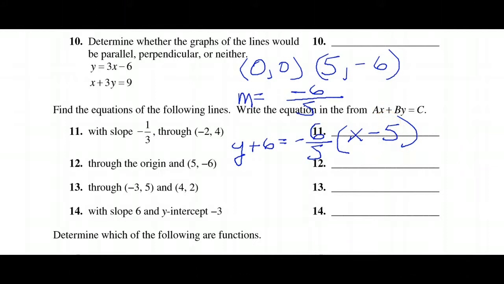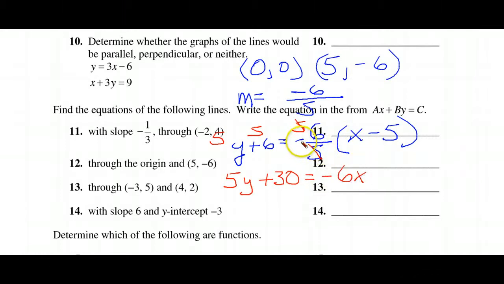So again, we want it in standard form. So I'm going to multiply everything by 5. This helps get rid of all our fractions here. This is just one term. So this becomes 5y plus 30. Here the 5's cancel out. Now we have to multiply through. Equals a -6x.